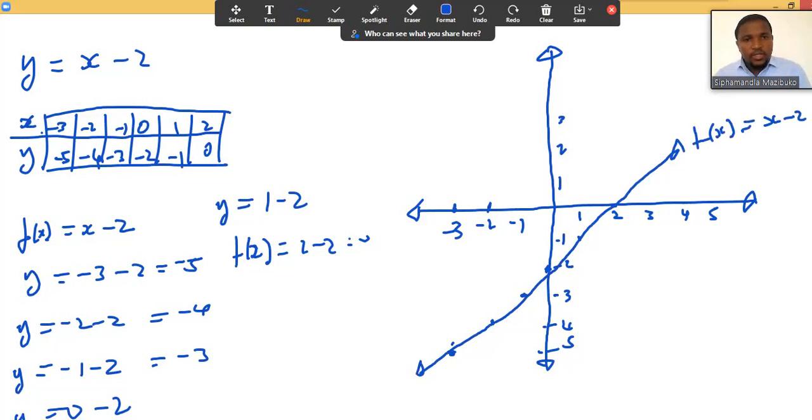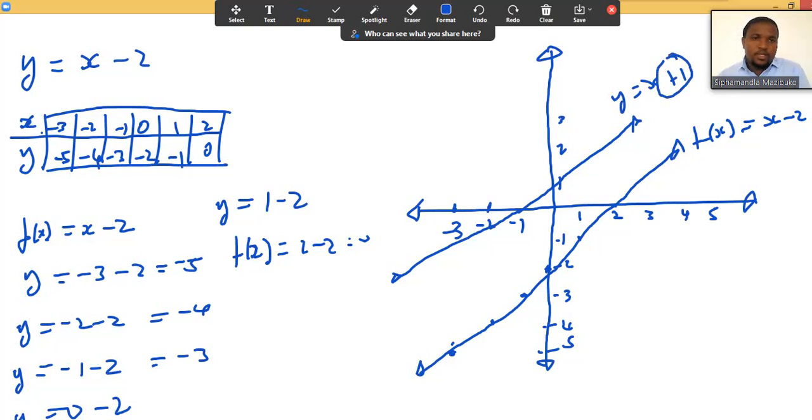So you can notice that the first graph, the one from the previous example, was like that, and this graph was y equal to x plus 1. You see what positive c did.